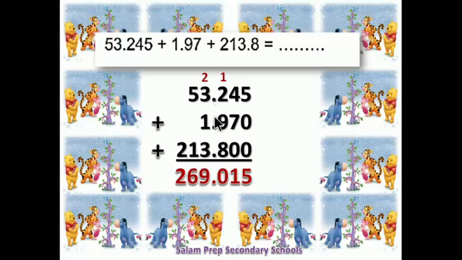Please put decimal point. Now we will add the whole number. 2 plus 3 equals 5, plus 1 equals 6, plus 3 equals 9. 5 plus 0 plus 1 equals 6. There is no digit here, so we will write 2. The answer is 269.150 thousandths. Okay?